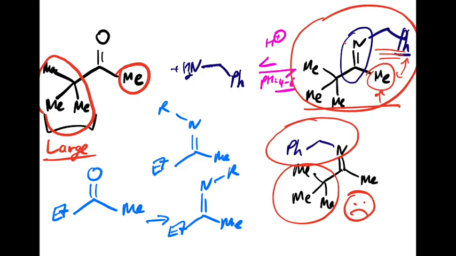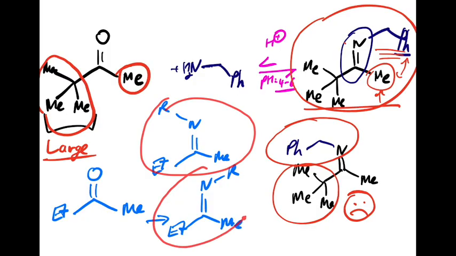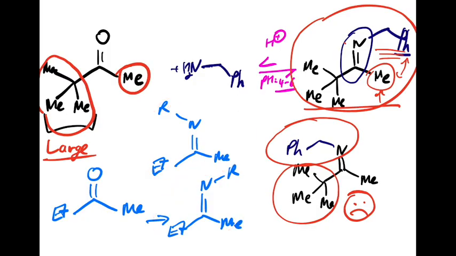So in this case, you end up with roughly a 1-to-1 mixture of both the E and Z products, where R group is close to methyl, R group is close to ethyl, and that's just because the physical size, the sterics between both of these two, is not enough to really help you select for one or the other. So there's one more issue that you have to watch. This is how you get 2 different diastereomers of your imine products that are possible as well.